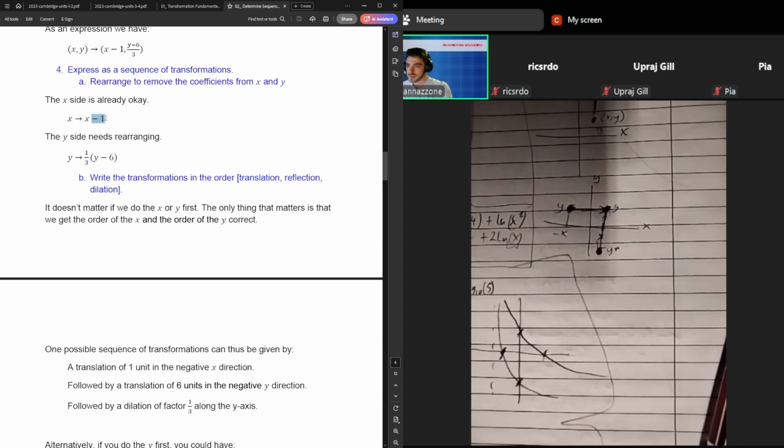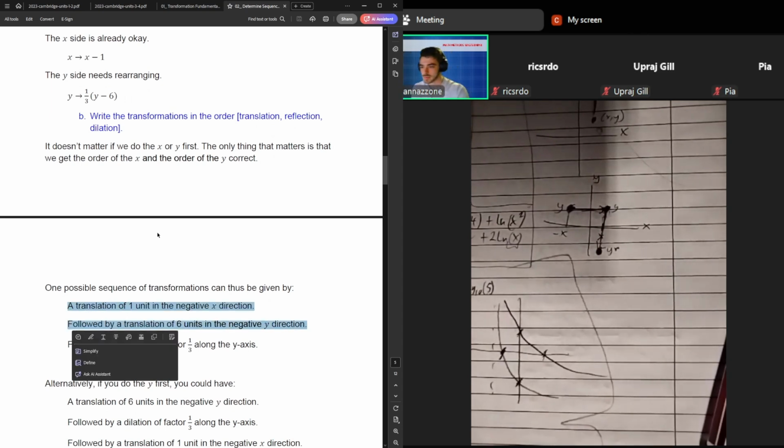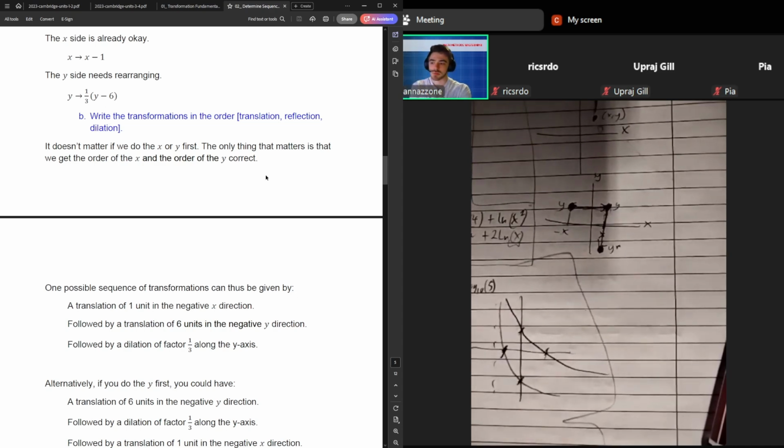So from here, we've got 2 translations. We've got -6 in the y, we've got -1 on the x. X and y you can think of as independent to each other. You can do all the x stuff, then all the y, then all the x, or mix them together. As long as you do x in translation, reflection, dilation, and y in translation, reflection, dilation, then you'll be fine.